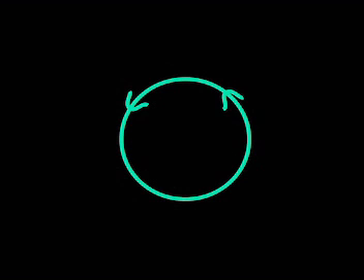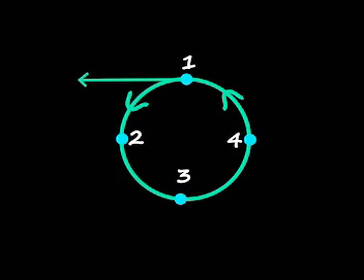This is the first position, this is the second position, this is third, and this is fourth. These positions are shown here by the dark marks. If the particle is at the first position, then the linear velocity of the particle is along this tangent and it is towards the left.